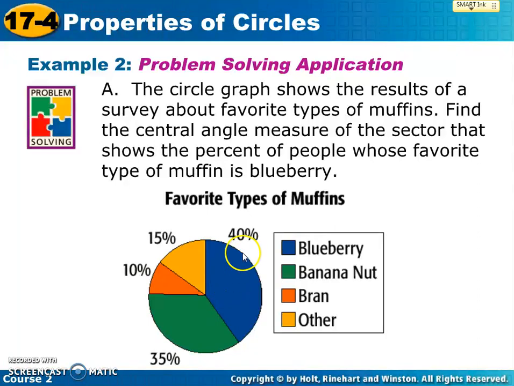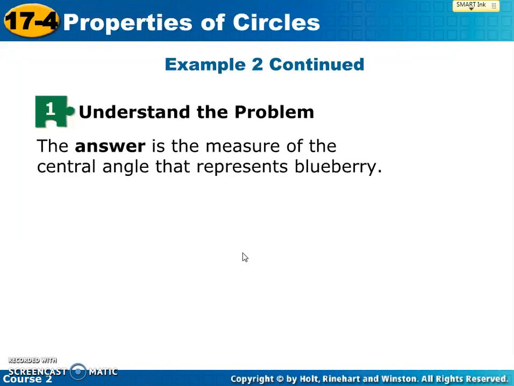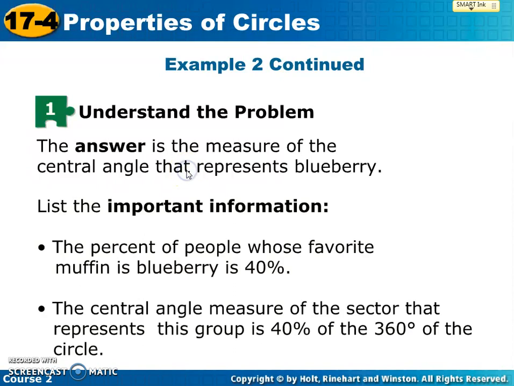So we are going to find out what the central angle measure is of that particular sector. The answer is the measure of the central angle that represents the blueberry.